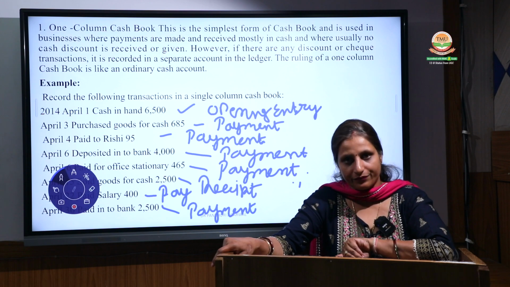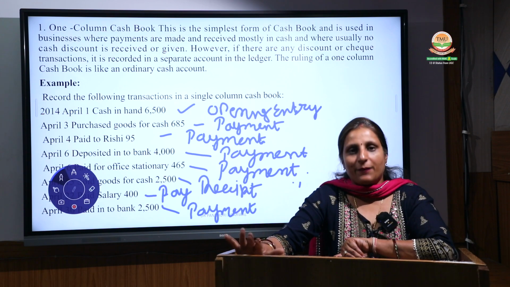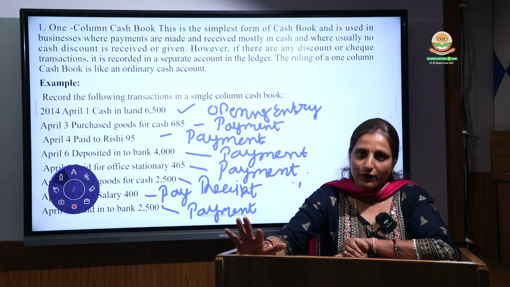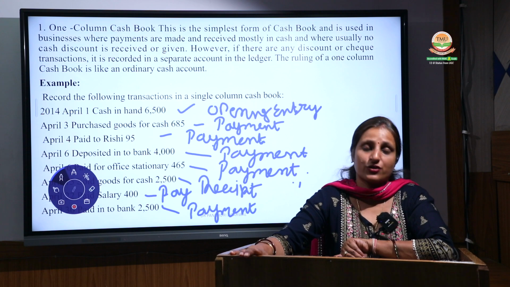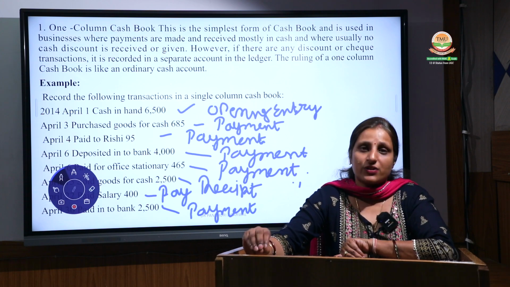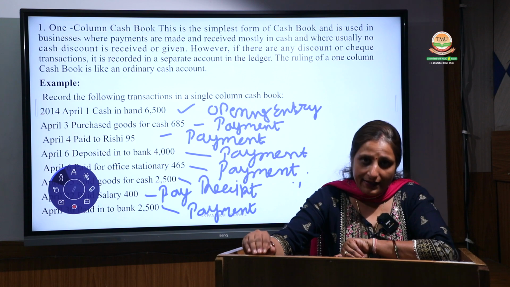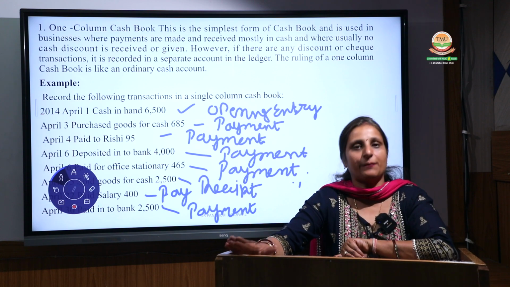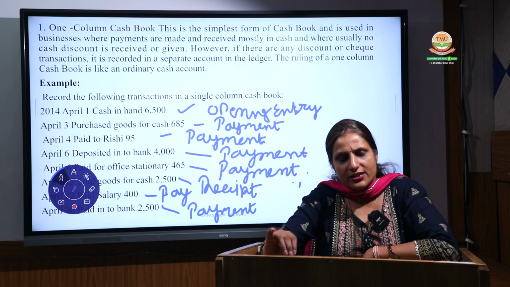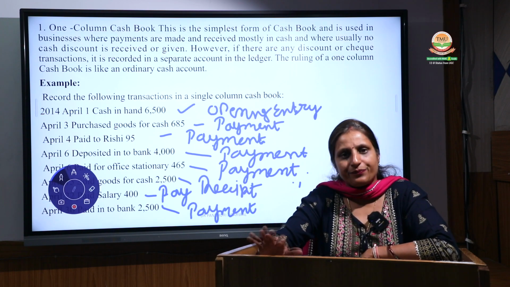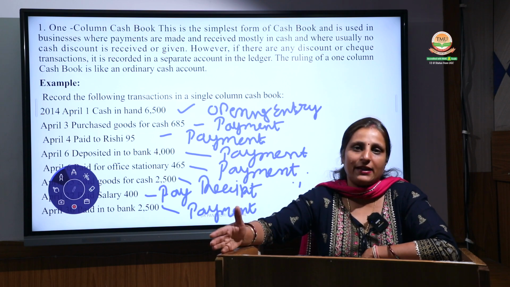Students, is it clear? When you are preparing the cash book, whatever transactions you have in your questions or numericals, you just have to identify very clearly whether it is on the receipt side or the payment side. A very easy method to identify this: are you getting the cash or paying the cash?